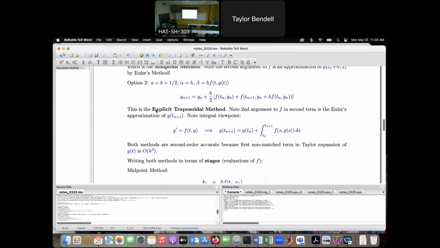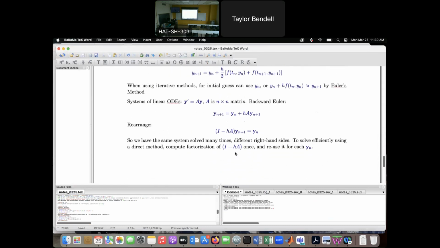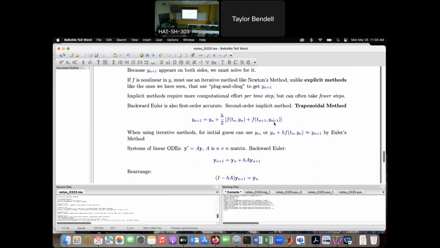That's what leads to calling it the explicit trapezoidal method, as opposed to just the trapezoidal method right here, where we don't try to approximate yn+1 by Euler's method. We just put yn+1 here, so now it's on both sides of the equation. Now we have an implicit method. So we need to use some iteration to find yn+1 so that this equation is satisfied. And just like the explicit trapezoidal method, it's second order accurate.